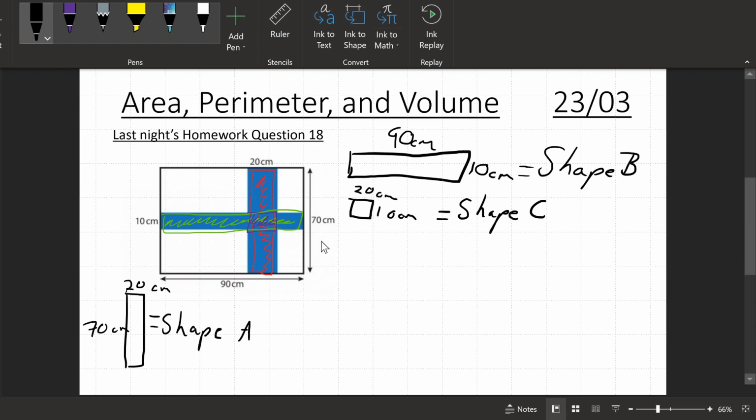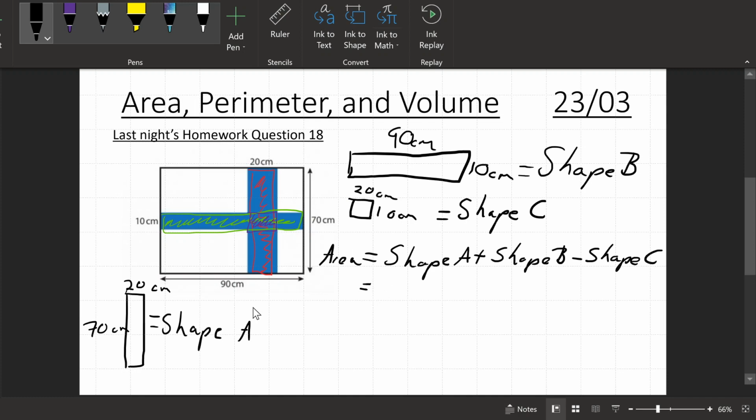So we only need to take it away once. So the area of the shaded section is equal to shape A plus shape B minus shape C.